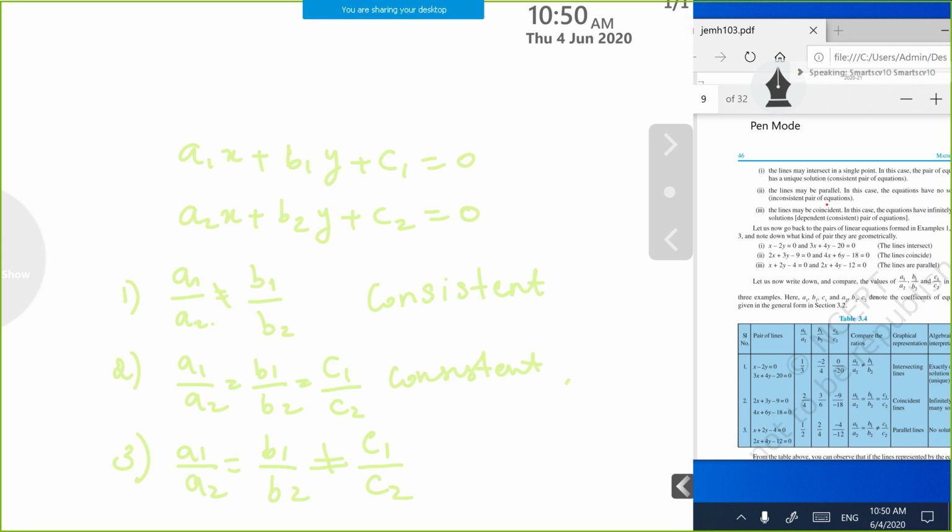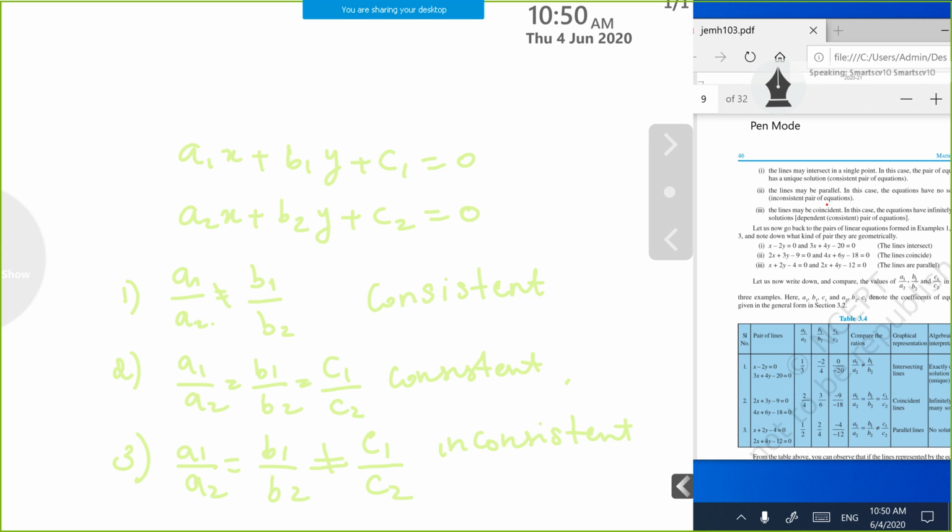That means it is parallel lines, it has no solution, therefore it is inconsistent. It has no solution, that means it is inconsistent. Clear?